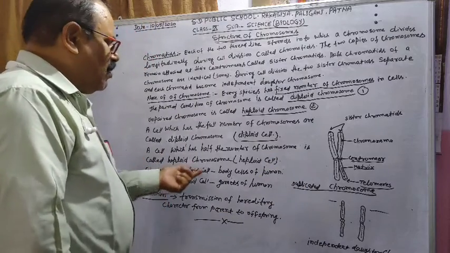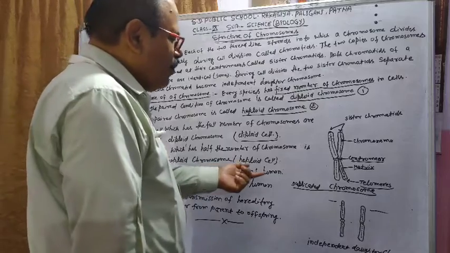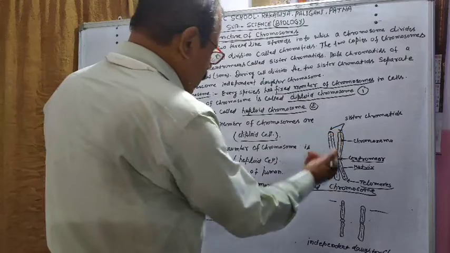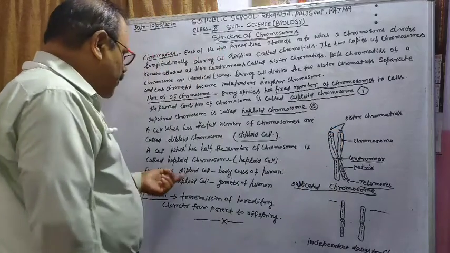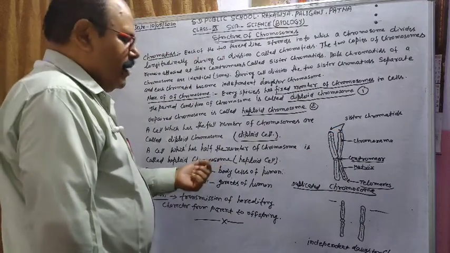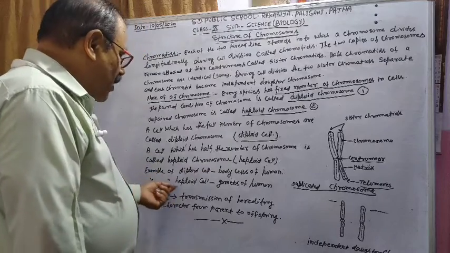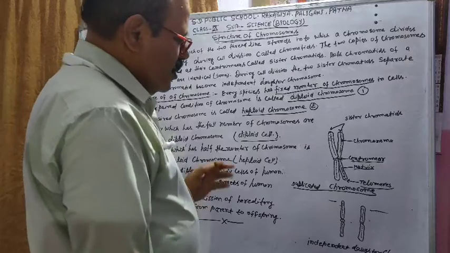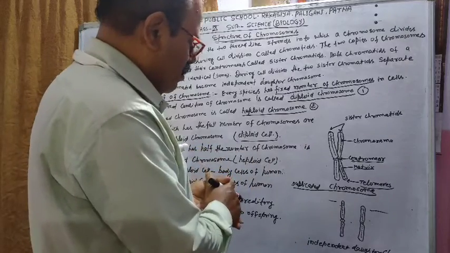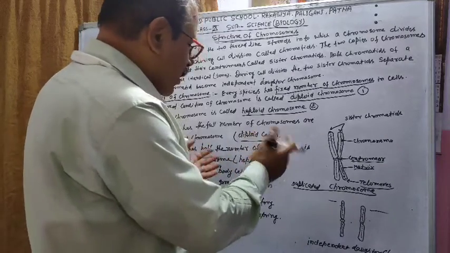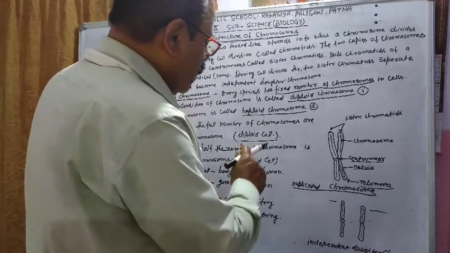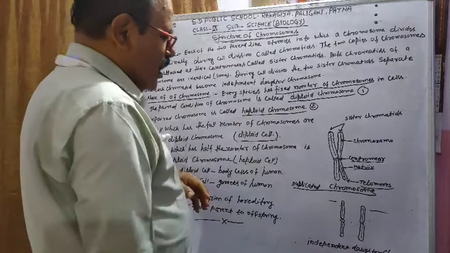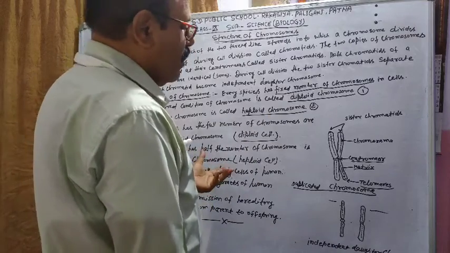Example of diploid: body cells of human beings, 46 chromosomes present in a body cell, so we call the chromosomes diploid. Example of haploid cells: gametes of human beings, reproductive cells, whose number of chromosomes is 23. That type of cell is called a haploid cell.